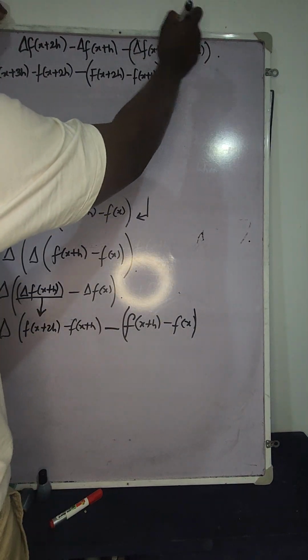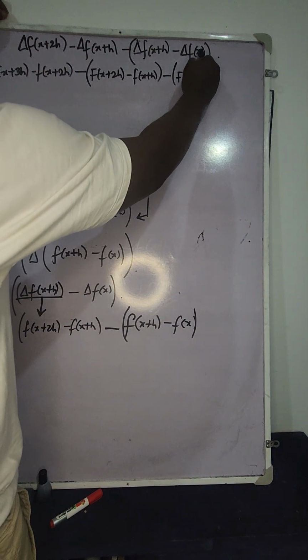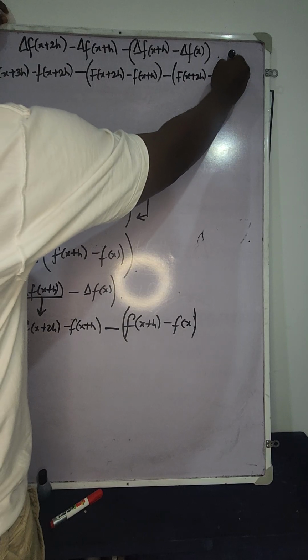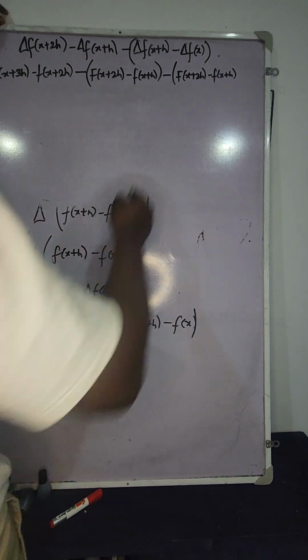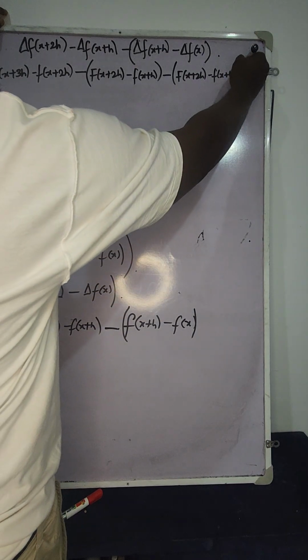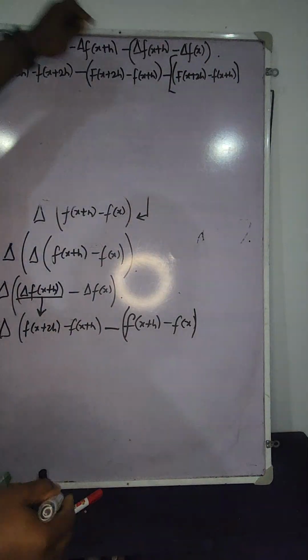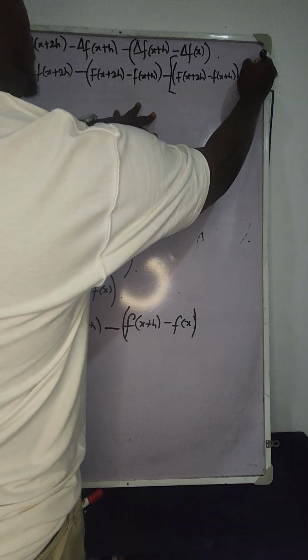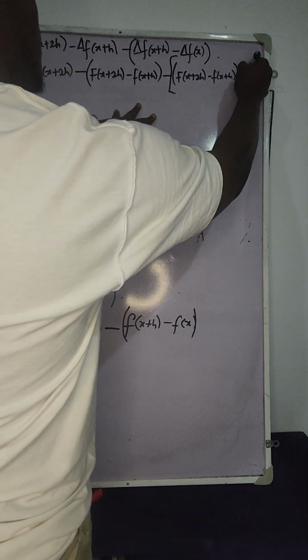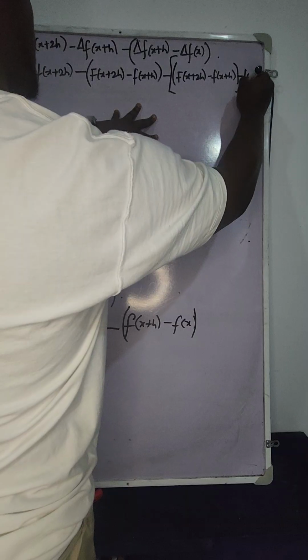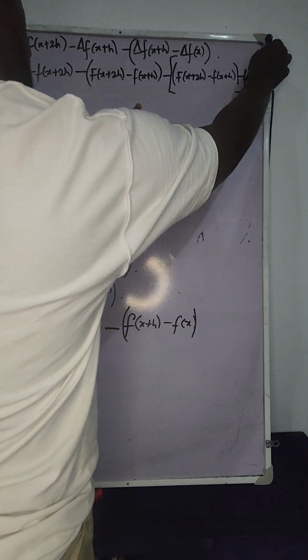The forward difference of f of x plus h is f of x plus 2h minus f of x plus h, right? So that's it. Then we have minus f of x plus h minus f of x itself.